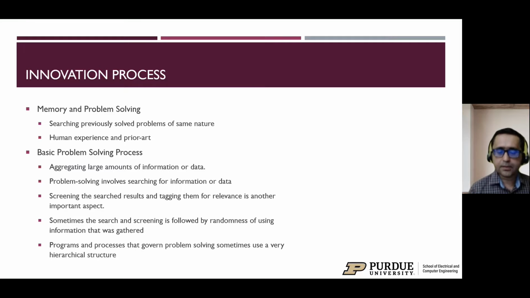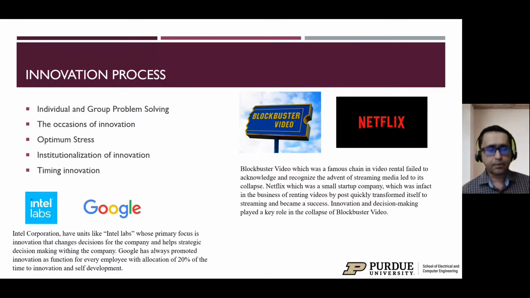Then programs and processes that govern problem solving use a very hierarchical structure. They try to see if each department is doing its part of the search and then aggregate that search data to solve the problem.